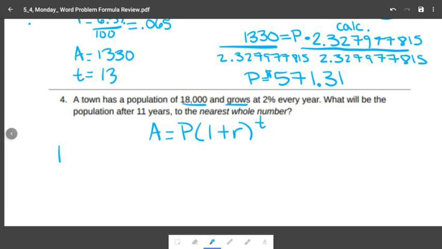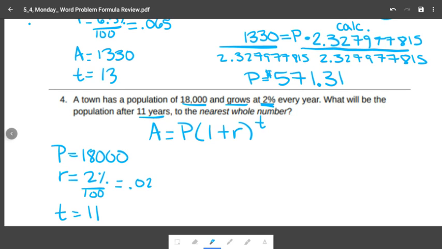So we're starting off with a population of 18,000. That is your P, initial amount. Our rate, R, is 2%. Divide by 100, we get 0.02. And we're looking for the population after 11 years, so T is 11.